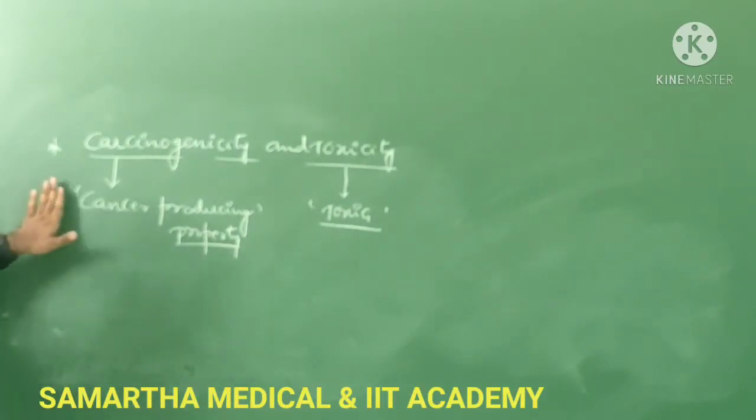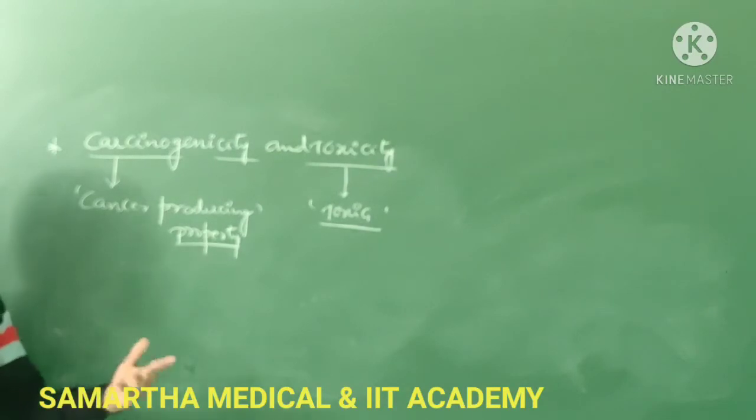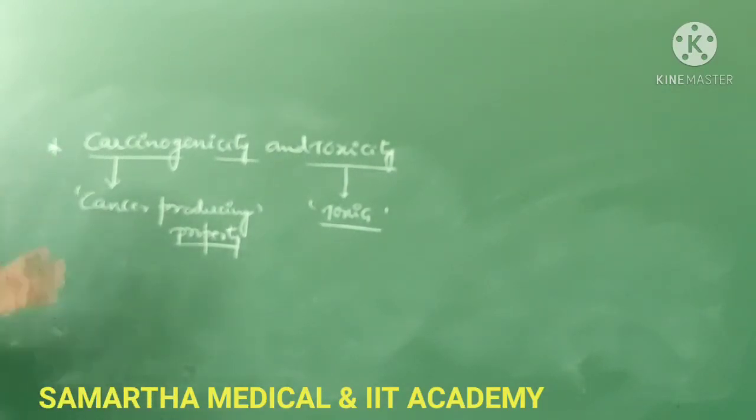Carcinogenicity and toxicity, in the case of aromatic hydrocarbons, means which particular groups could behave this way.